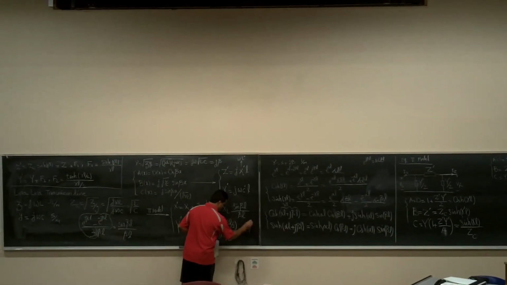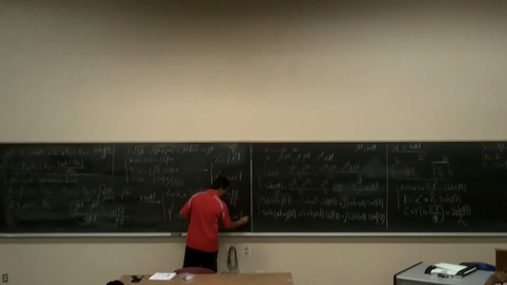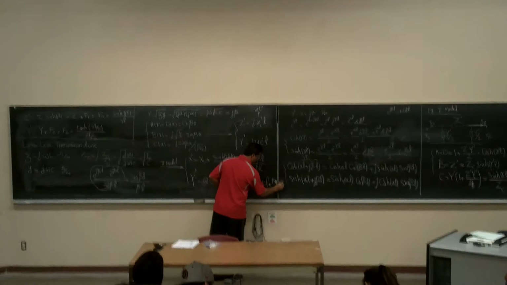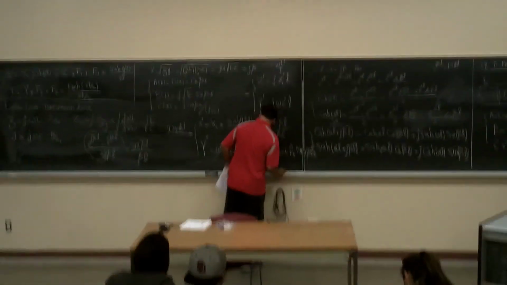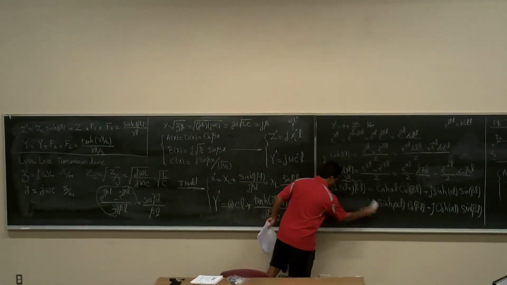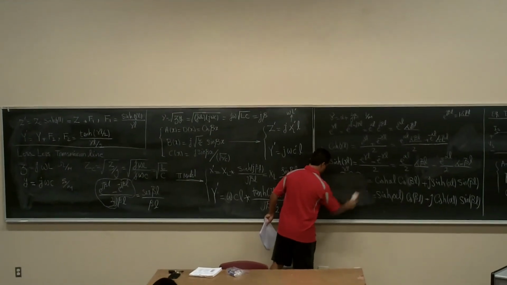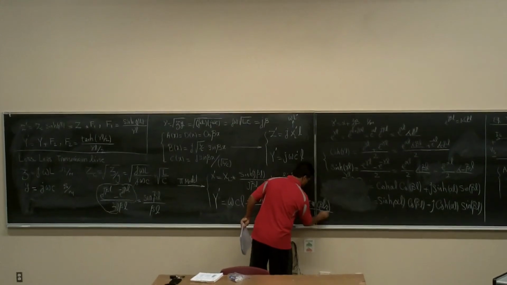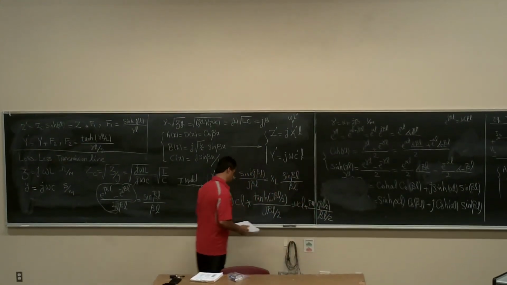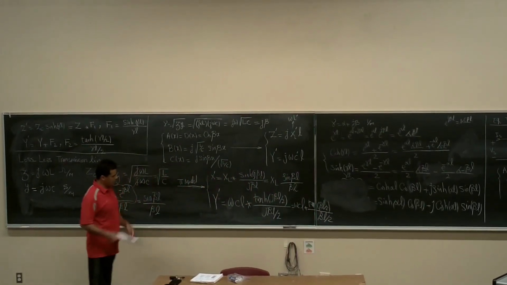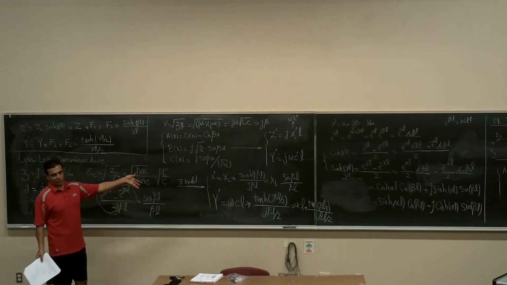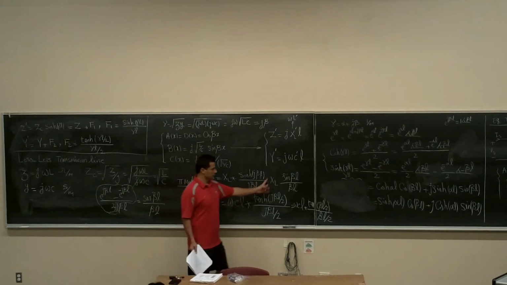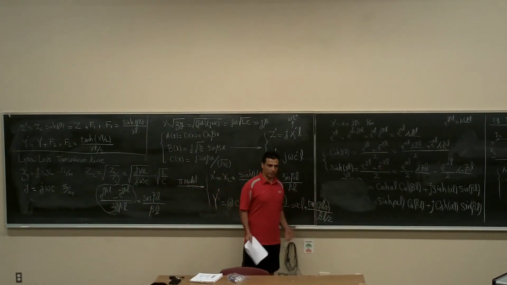Omega CL times tan of beta L over 2, divided by beta L over 2. So now you have X prime and Y prime for the lossless line, this one and this one.